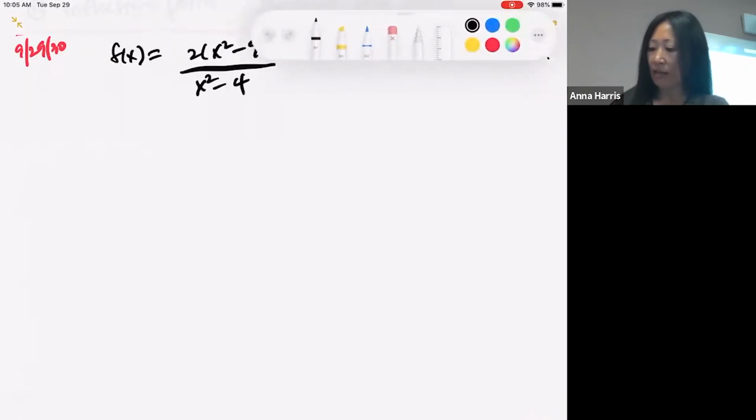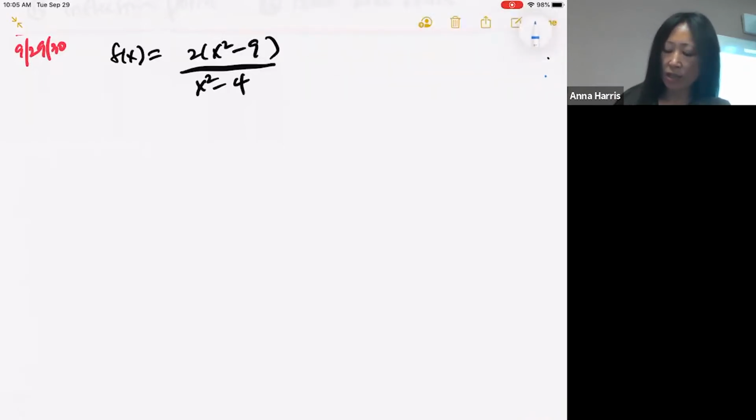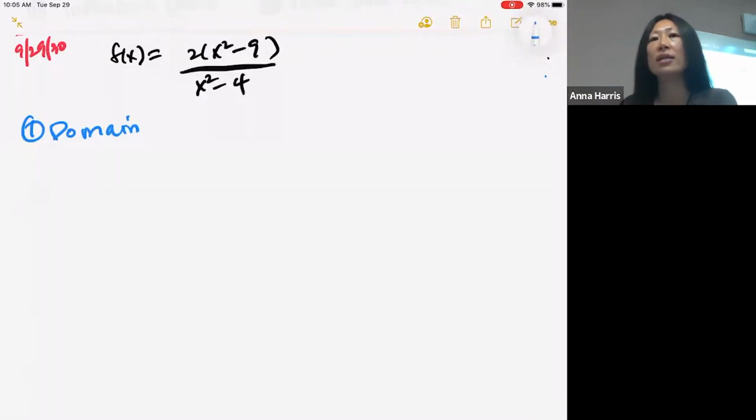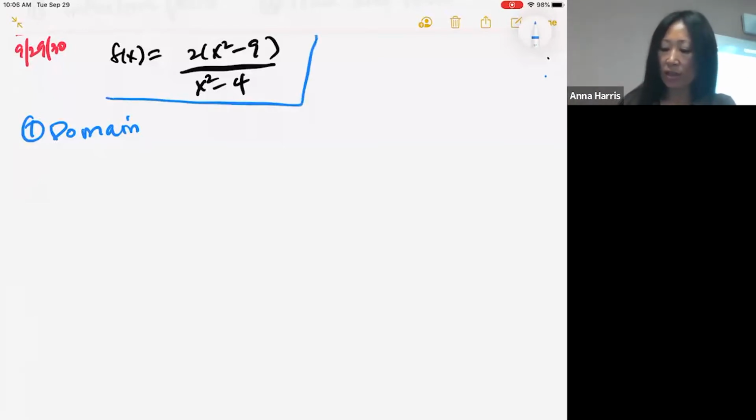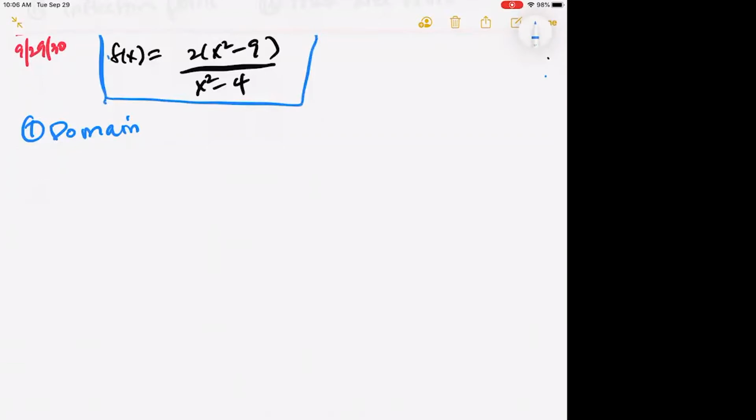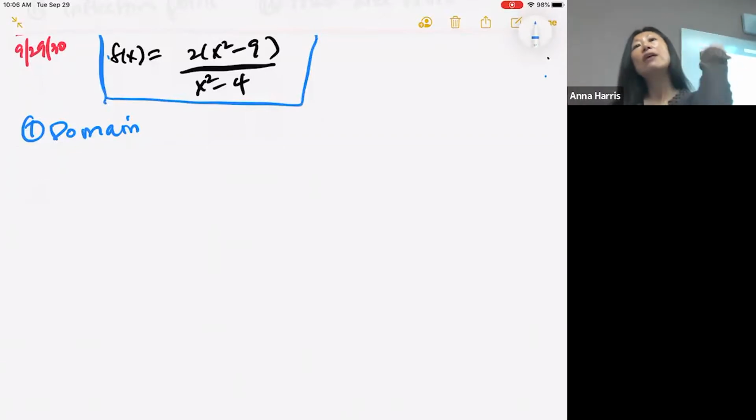So the first question says find the domain. Okay, so domain means I need to know what x can I use or which x can I not use. Since this function is a rational function, we always have to worry about the denominator. If our denominator goes to 0, it becomes undefined.